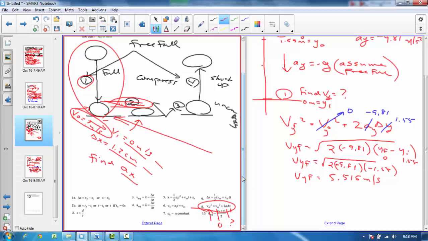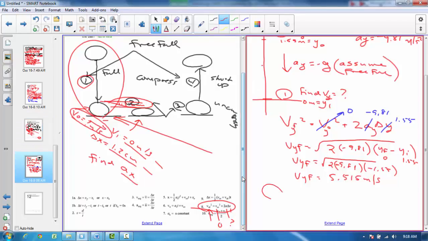All right, so now we're going to go from here to squishing down to that height. The distance we're traveling now is 1.2 centimeters. So this is phase 2 we're in now. Our initial velocity before we squished is that 5.515 meters per second.